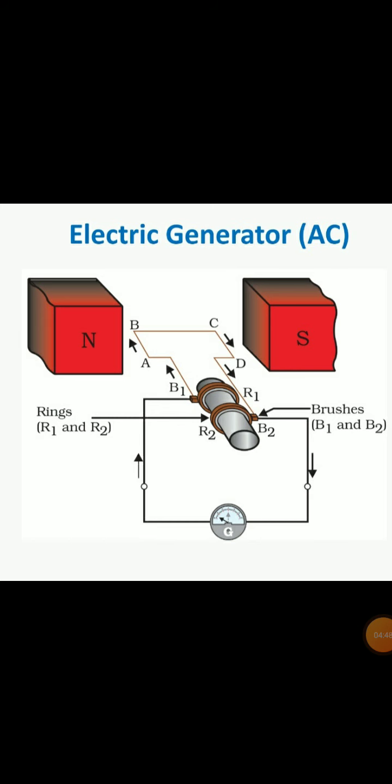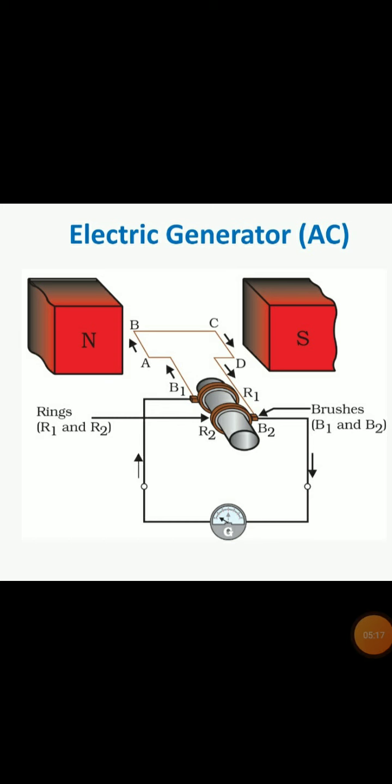So these both rings R1 and R2 are attached with an axle. Keep this in mind that the brushes are stationary and conducting, and the R1 and R2 rings are not stationary, and the inner side of rings are insulated, which means non-conducting.